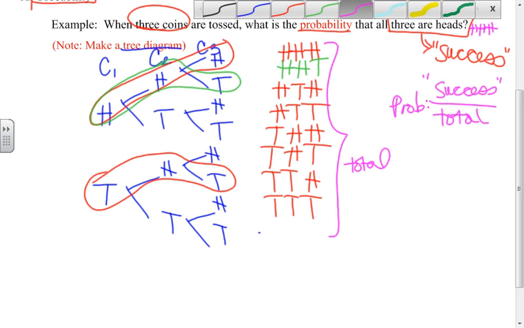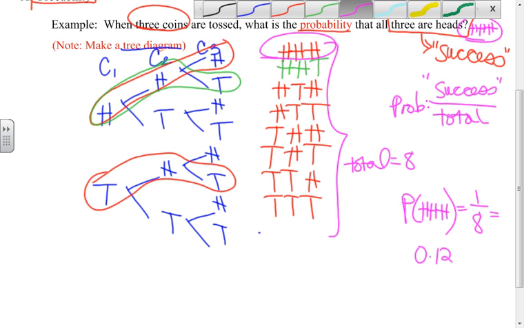So there are 1, 2, 3, 4, 5, 6, 7, 8 total. When do I get heads, heads, heads? That shows up 1 time. So my probability of heads, heads, heads is 1 over 8, which as a decimal is 0.125, so we're talking 12.5%. When you toss 3 coins, because they're 3 independent events, 12.5% of the time you will get all 3 heads.